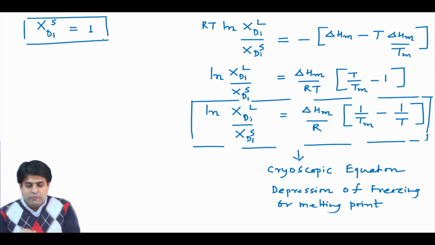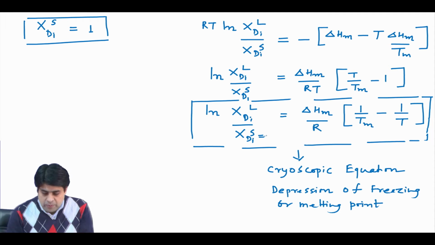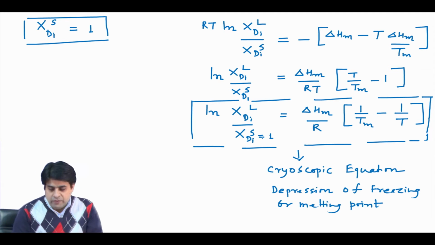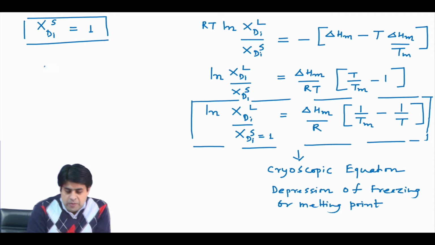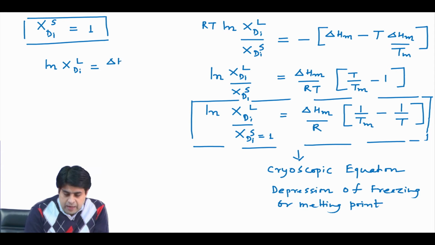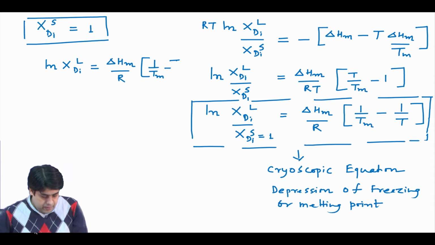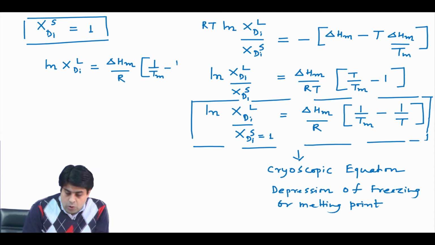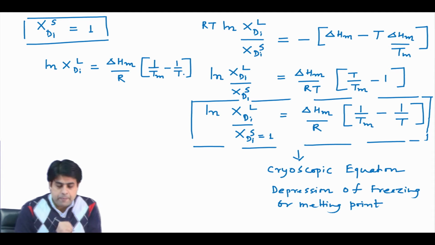When you have this situation, this term will be 1. So, it means that your ln x DIL will be equal to delta H m by R, 1 by T m minus 1 by T. Okay.